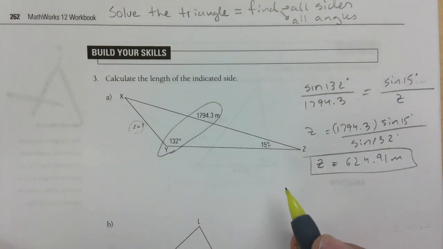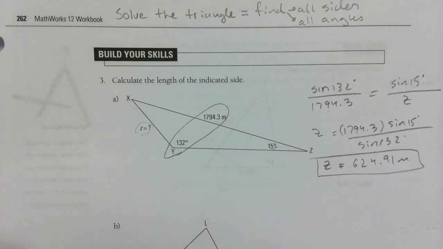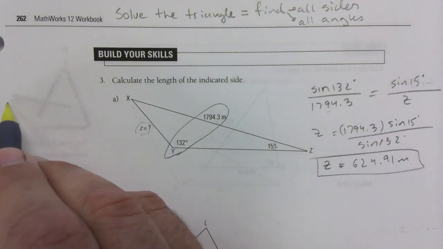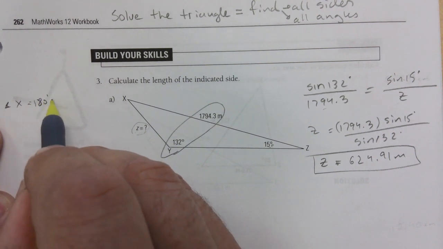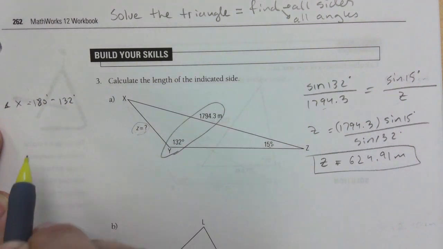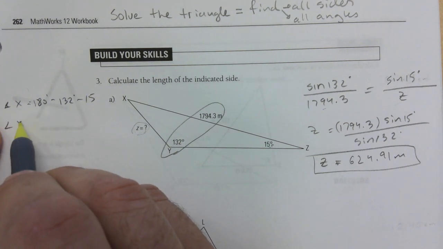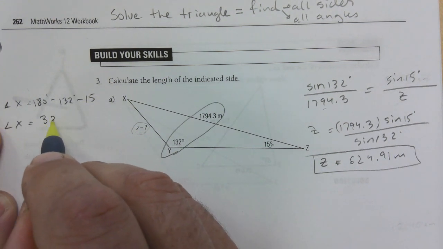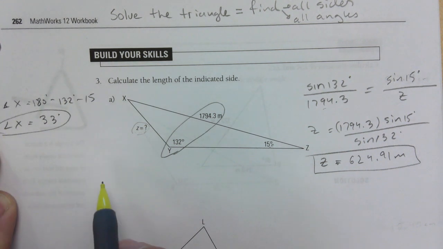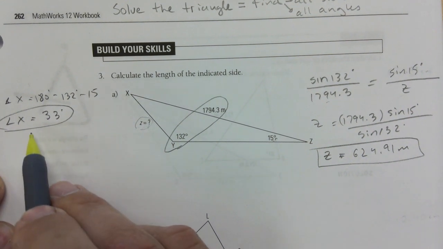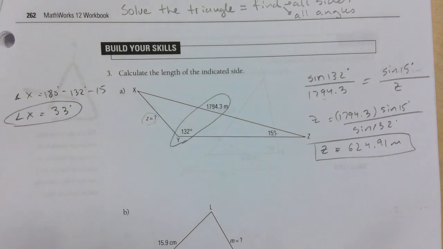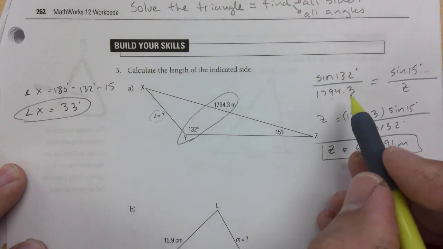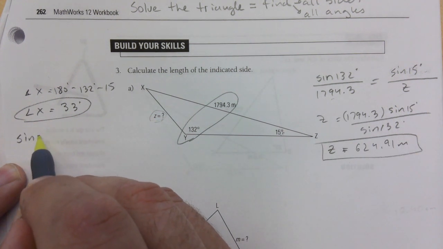I asked you to solve, so I'm going to do the solving part on this side. The next step would be to find angle x, right? And that'd be 180 minus 132 minus 15. So you get 33 degrees. We've now found that third angle using the property of the sum of 180, right? Now I'm going to start with the same pair that I already know.